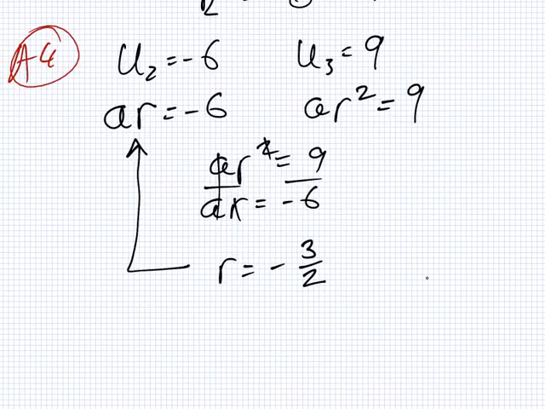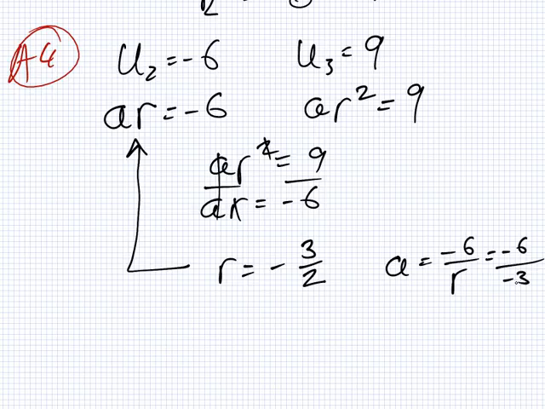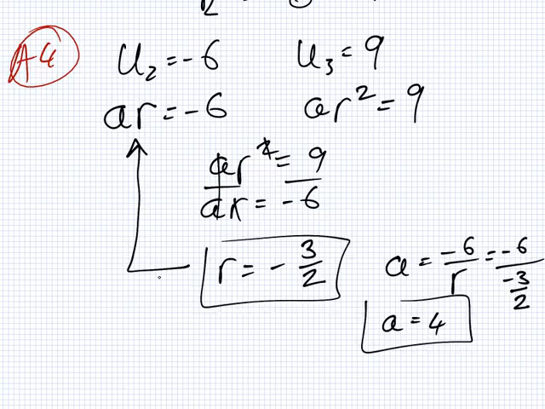So a equals minus 6 over r, which equals minus 6 over minus 3 over 2. So that comes up the top. Is it 4? a equals 4. Yeah, it's 4.